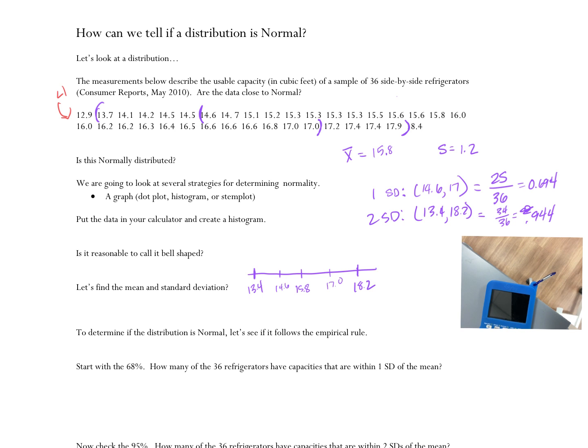We're good? All right. If I go 3 standard deviations, I'll be at 19.4 and 12.2. That's 100%. It's all of them.